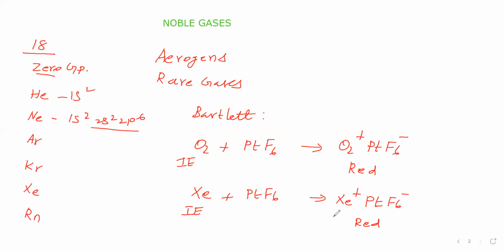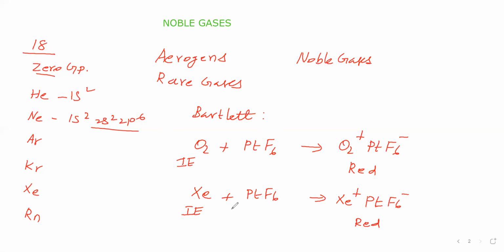Then Bartlett said that these elements can also be involved in chemical reactions. So these elements are called noble gases. Before Bartlett, they thought that these elements never involve in chemical reactions, therefore they said inert gases.